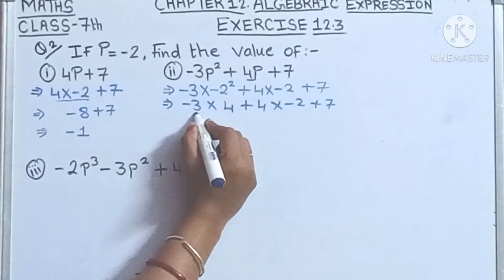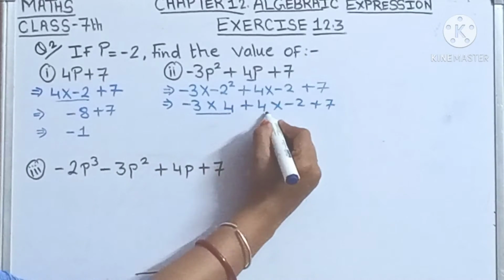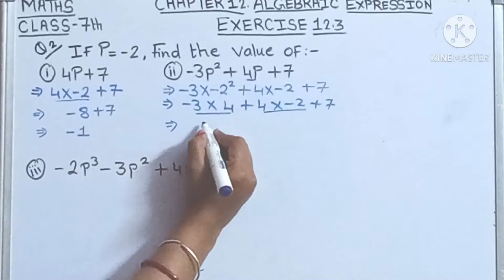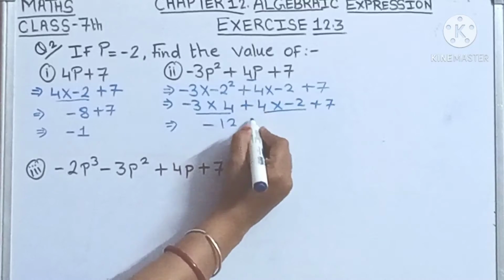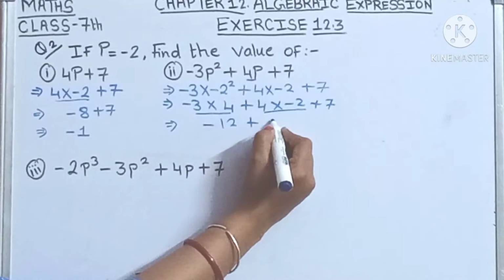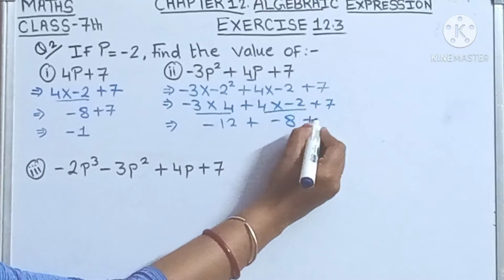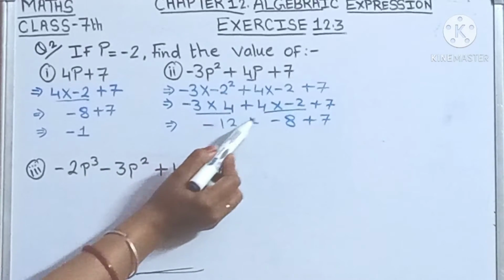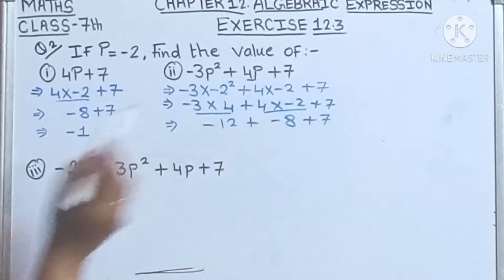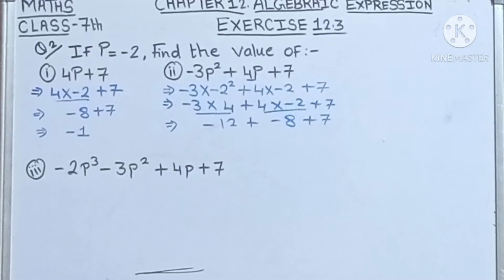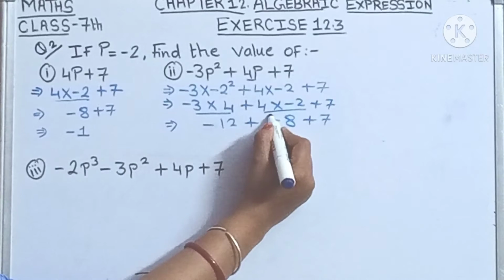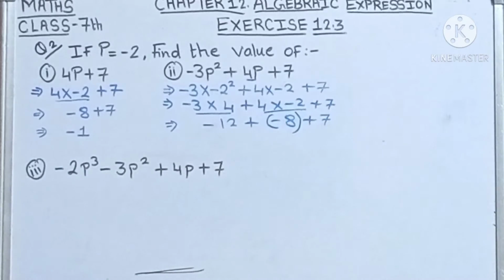First of all we will underline the terms which have to be multiplied. Now 3 4s are 12, minus 12, plus 4 2s are 8, minus 8 and plus 7. Now we can see two signs are there, plus and minus, and whenever there are two signs, put one sign in the bracket.